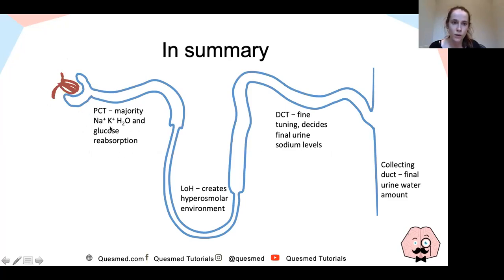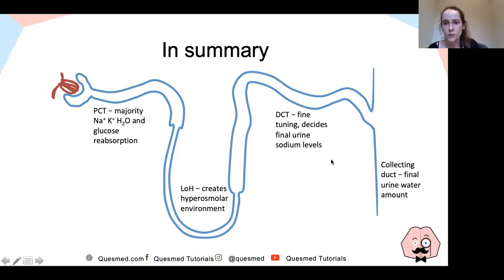So that's our sodium, our potassium, following up the sodium, the water, and also glucose reabsorption, as well as the majority of bicarbonate reabsorption. We've got our loop of Henle that creates a hyperosmolar environment. So that's an area of really high concentration, so that when the collecting ducts come down through the medulla, a lot of the water is able to move across by osmosis.